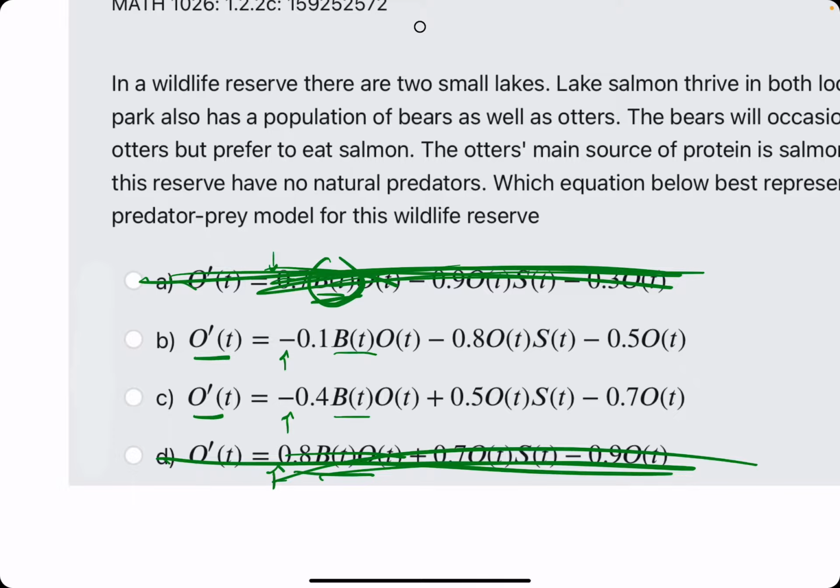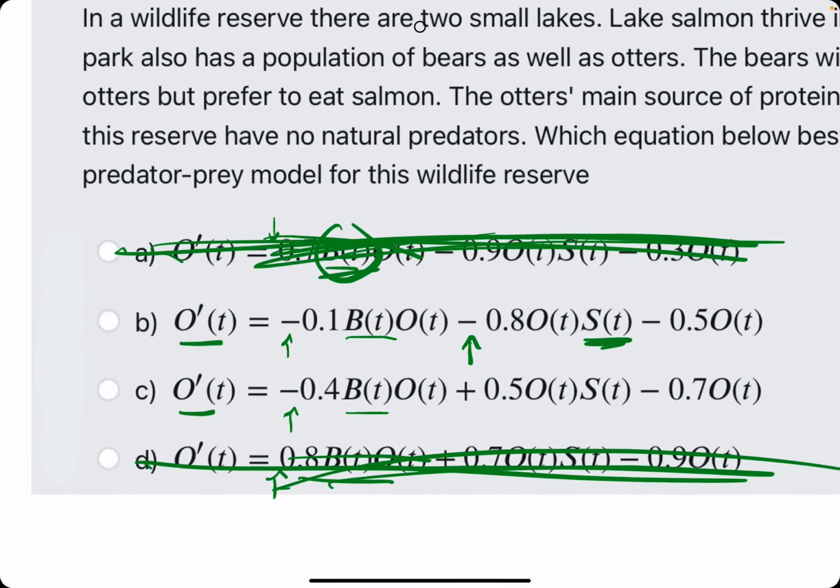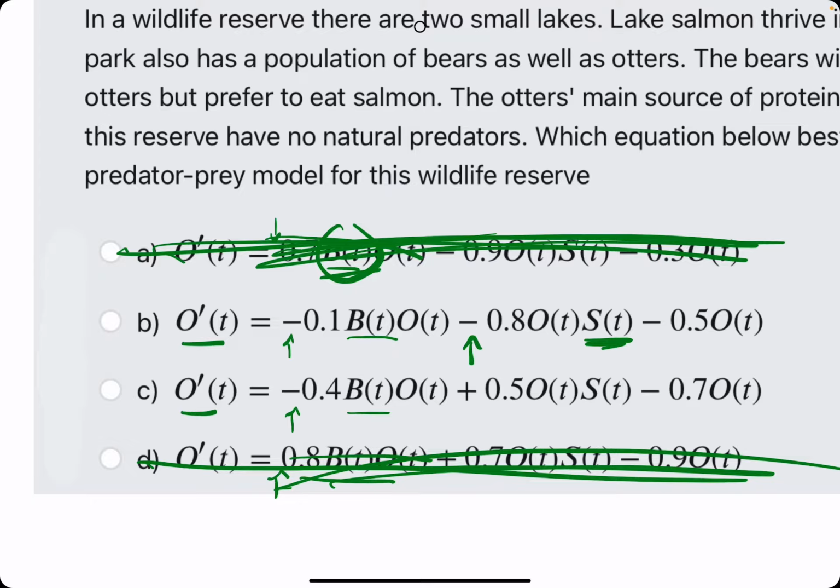We also want to see something like the salmon having a positive effect on the otters rate of change or population change, because the more salmon there are, the more chance otters have to feed on the salmon. In this case, we see a salmon count having a negative effect on the amount of otters. That can't be right, because the more salmon there are, the more otters will get to eat. So this makes option B incorrect.